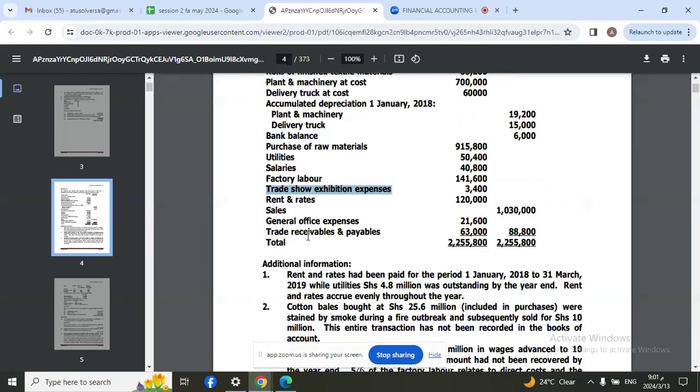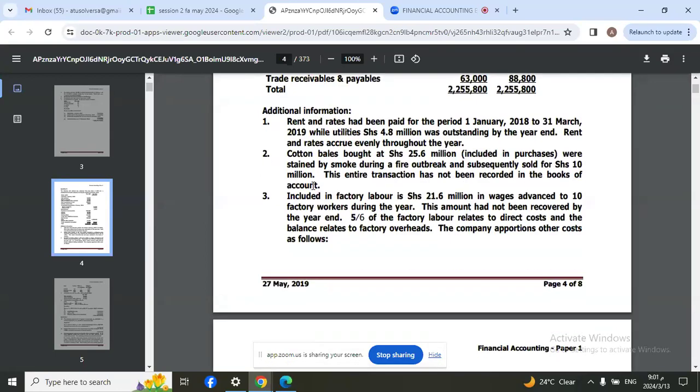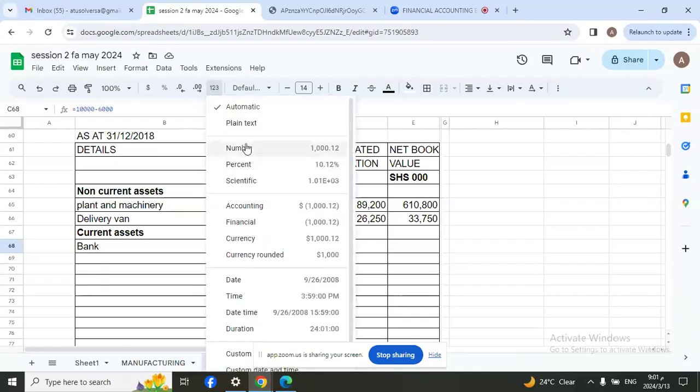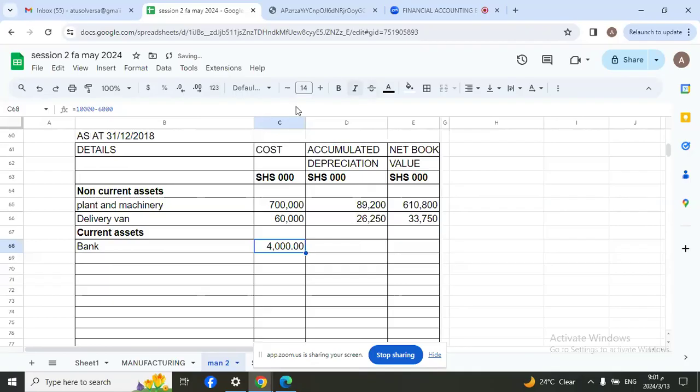But since I'm only having bank, I'm going to consider it to be a bank transaction. So if I'm getting 10 and they're demanding me 6, when I get 10 minus 6, still my amount on the bank will remain as 4 million. Am I clear there? Okay. So I'm done with my bank.